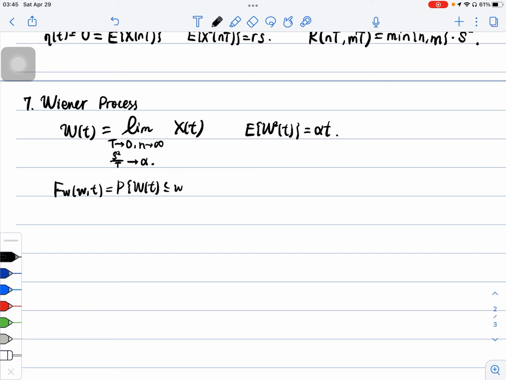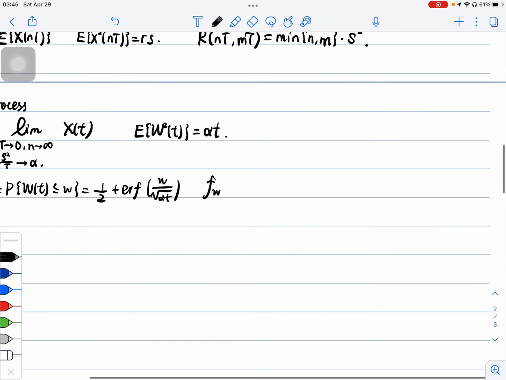We consider this, it is half plus erf, and the probability function is this.